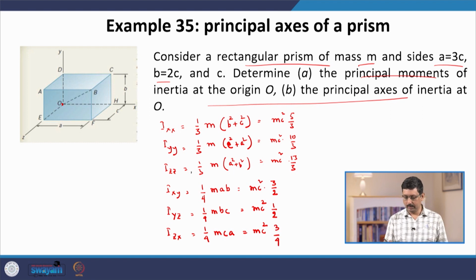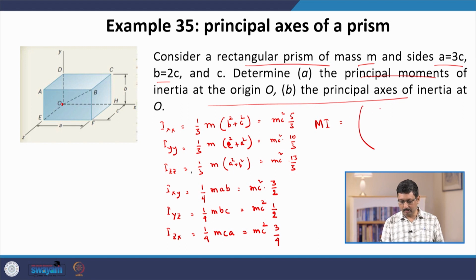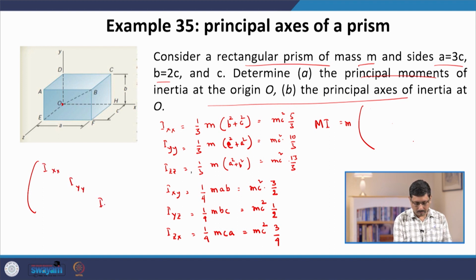Then we can write down the moment of inertia tensor matrix, where the diagonal terms are Ixx, Iyy, Izz. I am going to represent it as a matrix. Then we have the xy terms, and this is a symmetric matrix, so Iyx is the same as Ixy.